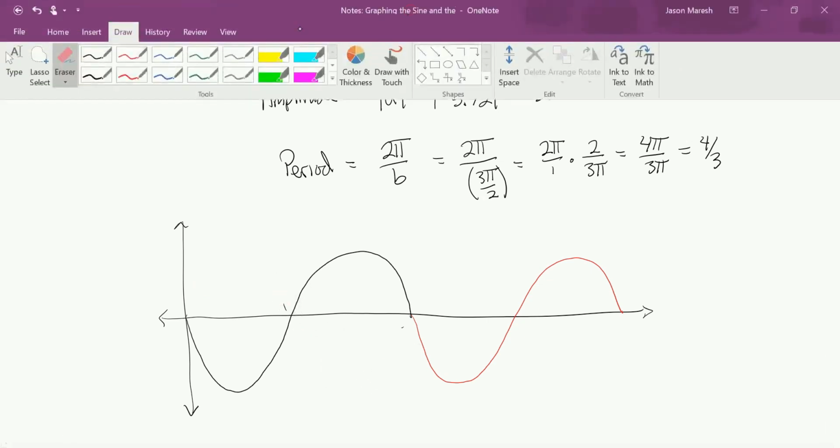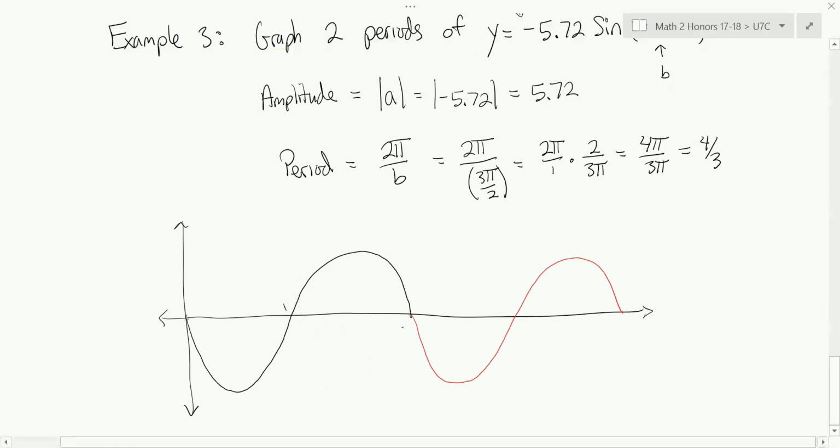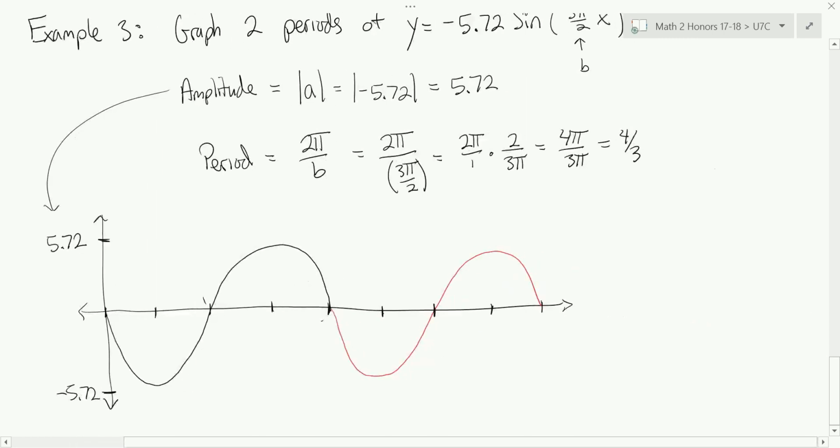We need to label all critical points, which are maxes, minimums, and x-intercepts. And also on the y-axis, the max and min values, which come from our amplitude at 5.72 and negative 5.72. And to fill out the x-axis, we take the period and we find 1/4.